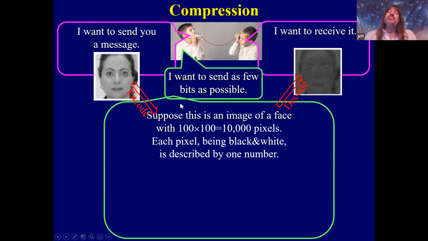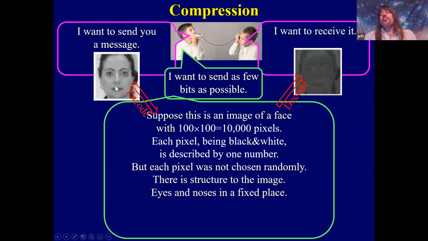This image is 100 by 100, so it's 10,000 pixels. Even just a little image like this has 10,000 pixels, and each one has its own number. But again, the pixels aren't just 10,000 independent numbers. There's a connection between them.